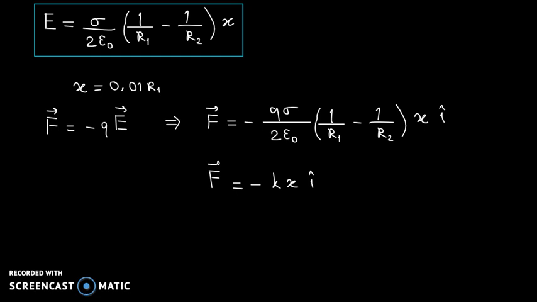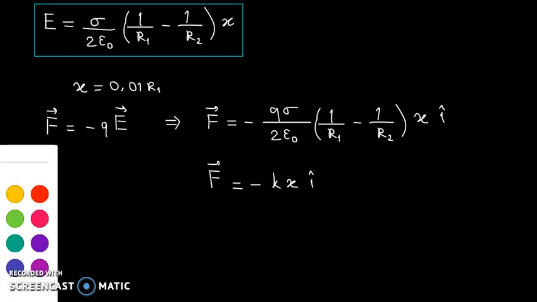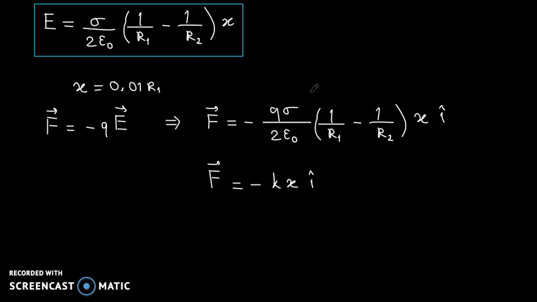And the frequency of oscillations depends on two things. It depends on the spring constant k, and it also depends on the mass m of the particle that is oscillating. So then comparing these two expressions, I'm going to set this whole thing here equal to spring constant k.